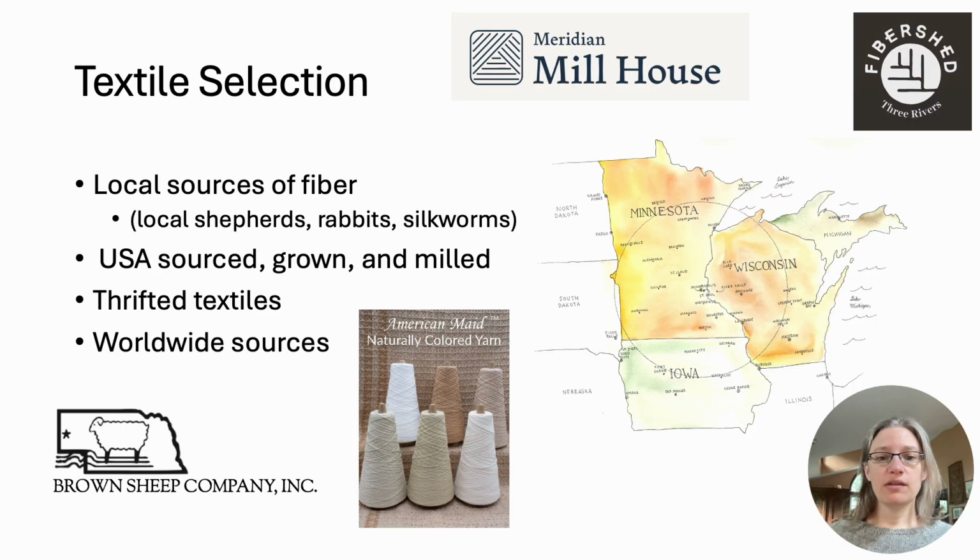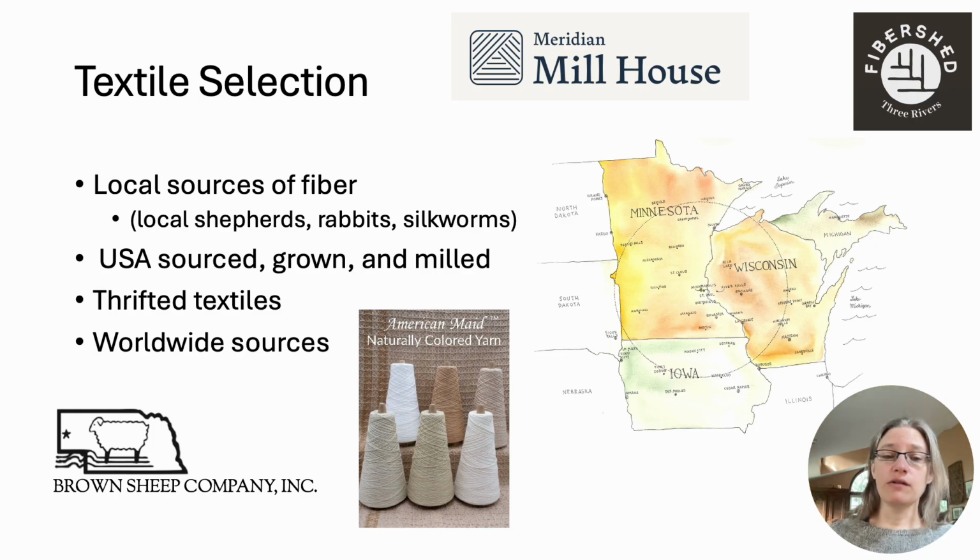So some things that we can think about when we are selecting our textiles is, first of all, where is the fiber coming from? Obviously, if we want to decrease our overall carbon footprint, then finding local sources of fiber is going to be the way to go. And fortunately, there are more sources now than there have been for a while.